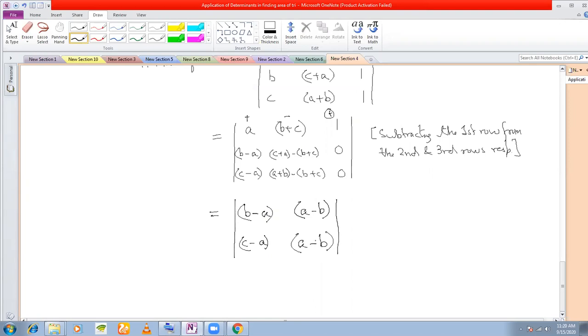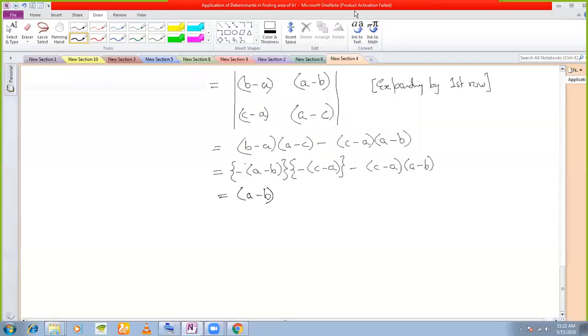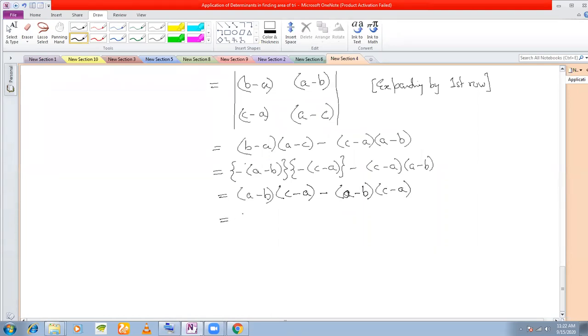Okay. This is C minus this. So A minus B into C minus A, minus A minus B into C minus A. So which is equal to 0.